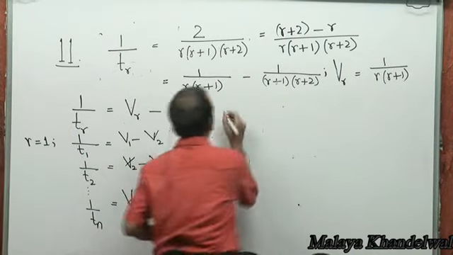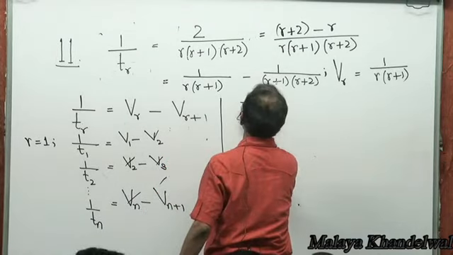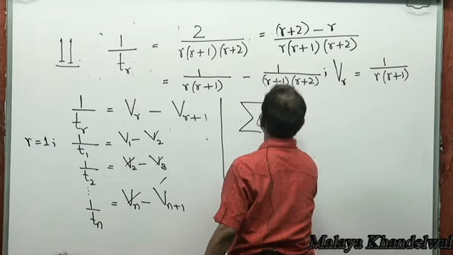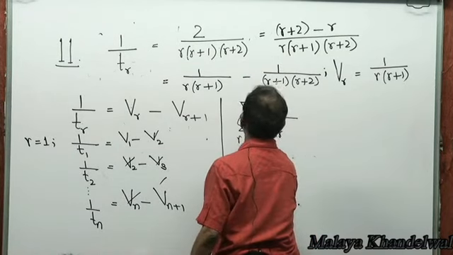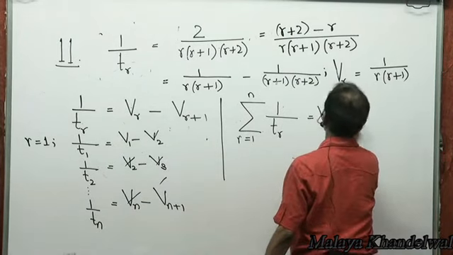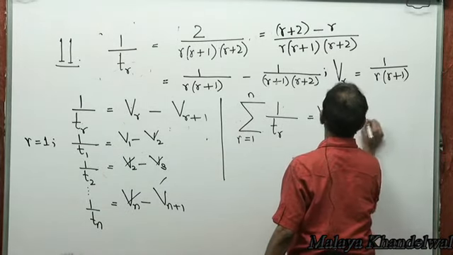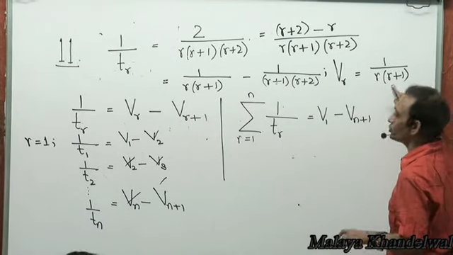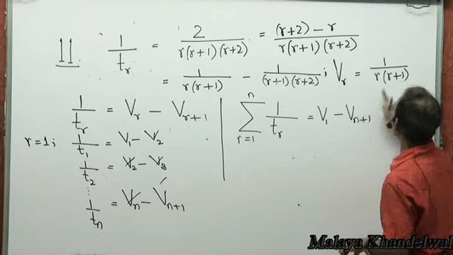So if I add, then the left hand side is going to be summation 1 by Tr, r equal to 1 to n, equals V1 minus Vn plus 1. How do you obtain V1? Put r equal to 1. How do you obtain Vn plus 1?